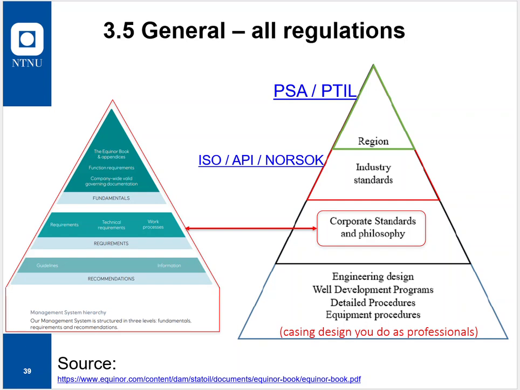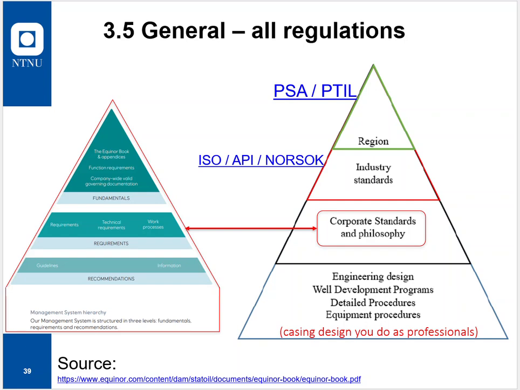We will do them beneficial for the environment. We will create value for people and so on and so forth. And then under there you'll find technical requirements and the requirements to the work process, how we will do things. Typically very specific. And then underneath you will find what is called recommendations and guidelines and information for people to follow so that it's easy to plan and do jobs.